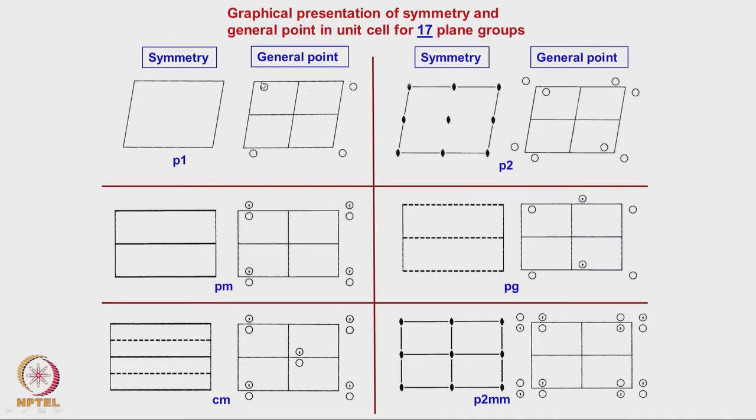To represent a motif, a circle is the symbol being used. If we keep it at an identical position at each lattice point, this is the crystal which will result. This is called a general point, where we put a motif which does not contain any symmetry.